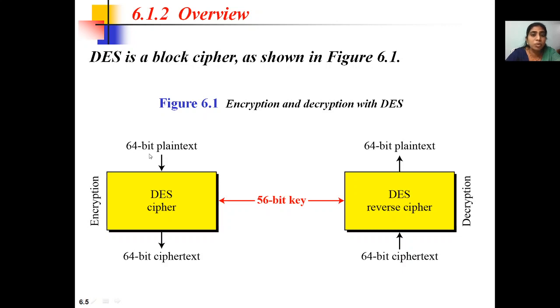When we encrypt our plain text with the algorithm, we get 64 bits as the ciphertext. In reverse, when we take the ciphertext and apply the same 56-bit key, we achieve the plain text at the decryption end.